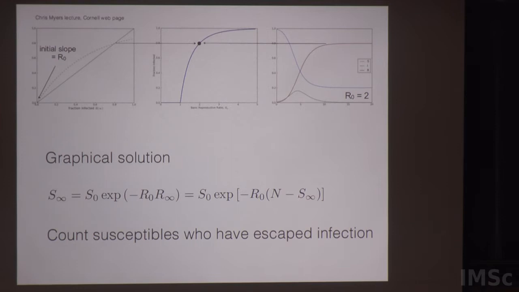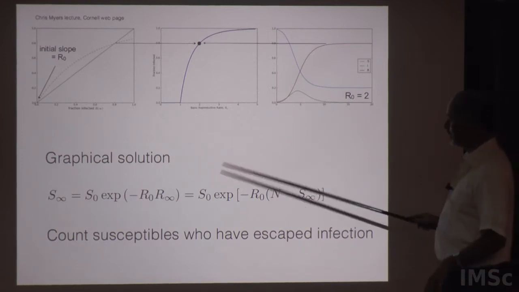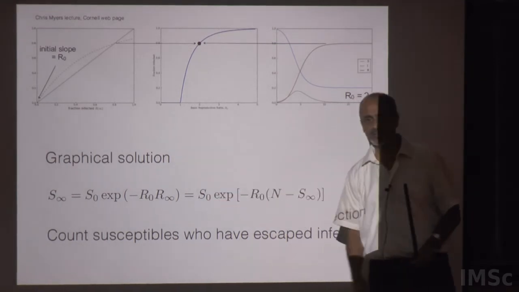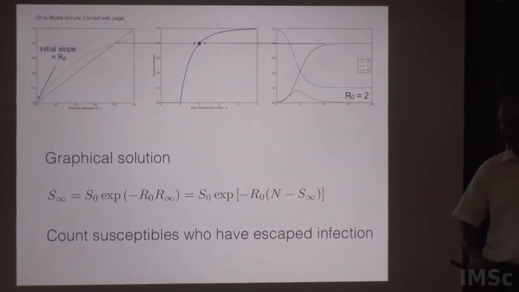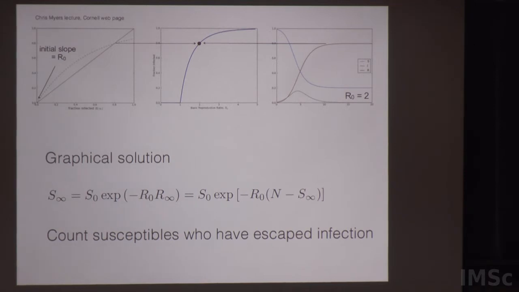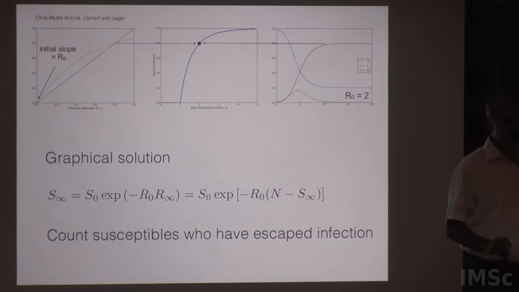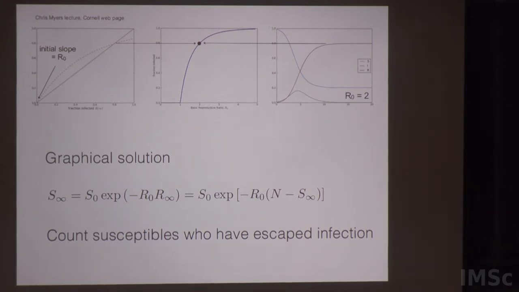There is unfortunately no way of actually solving this equation. So I can write 1 minus S infinity and take R infinity equal to 1 in that particular case. But this will actually tell me what is S infinity. What is the number of people who are susceptible at infinity, at infinite time, after the infection has run its course. Why do I need to know that?